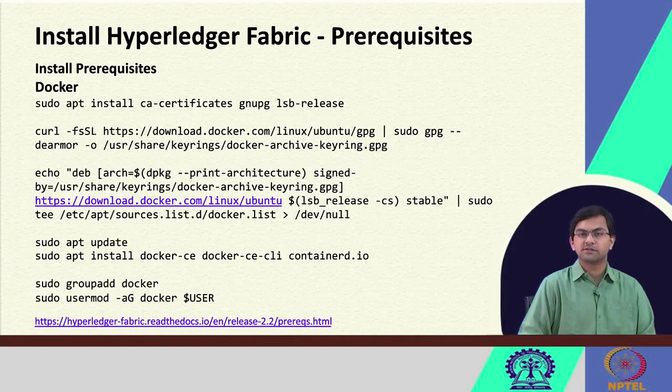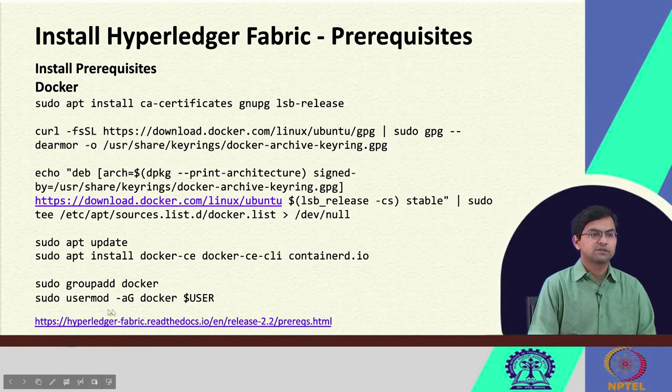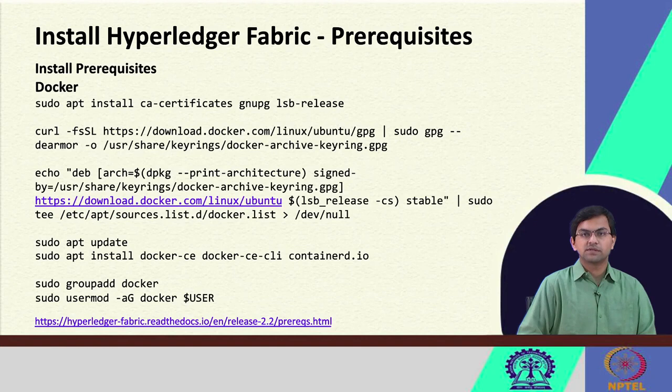These three programs have to be installed, and after you have installed them, there are some post installation steps required so that you can use Docker properly. If you do not follow these post installation steps of sudo groupadd docker and sudo usermod -aG docker $USER, then you won't be able to use Docker without sudo or root level permissions.